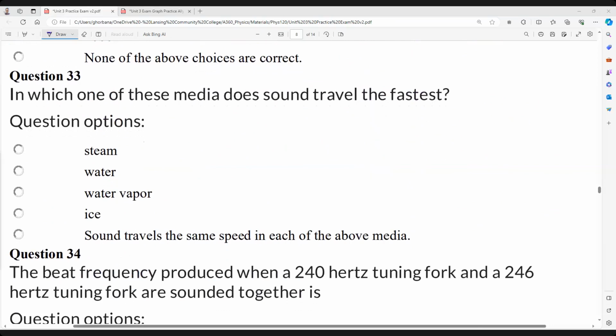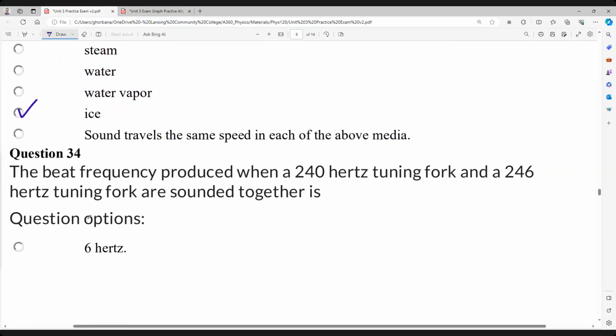The more solid and rigid, the better for the sound to travel, or the velocity of sound. So here, steam, water vapor, and ice, which one has the molecules so close to each other, tied to each other? The ice is. So the ice is the right answer.